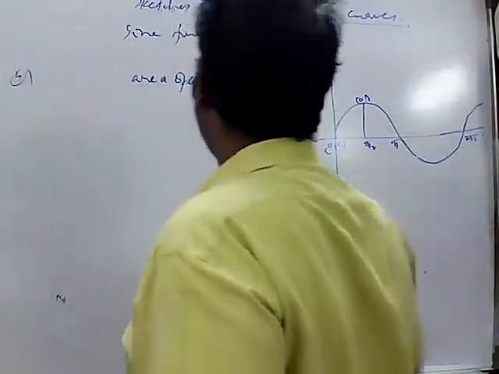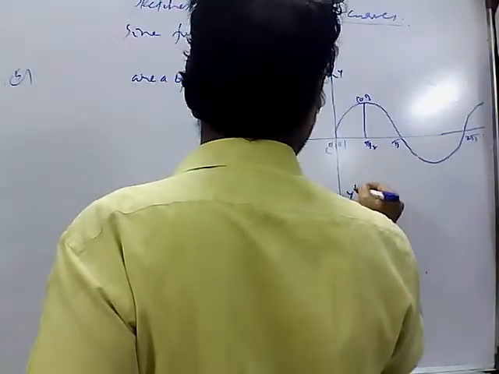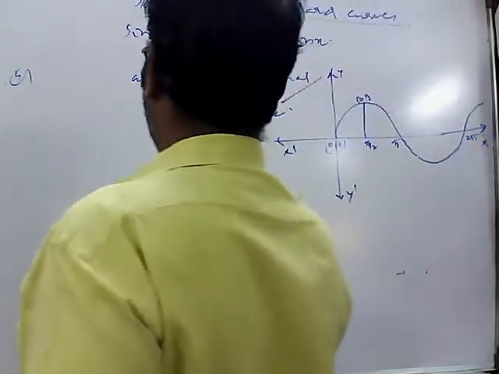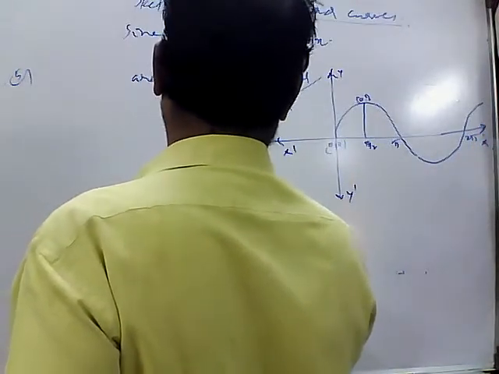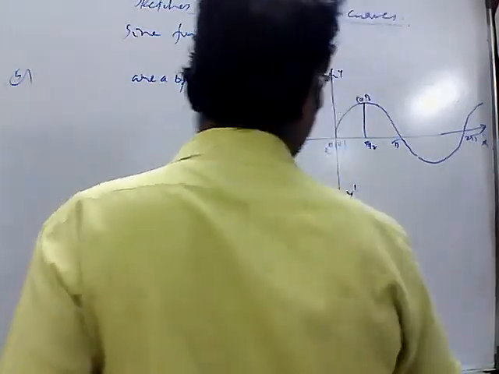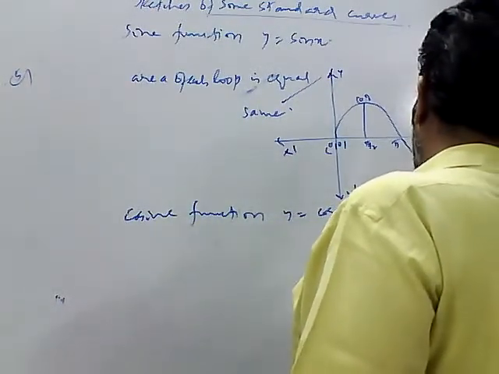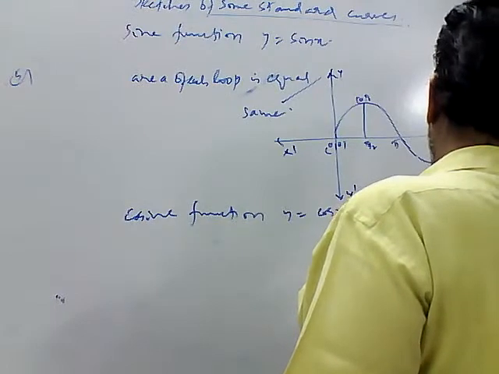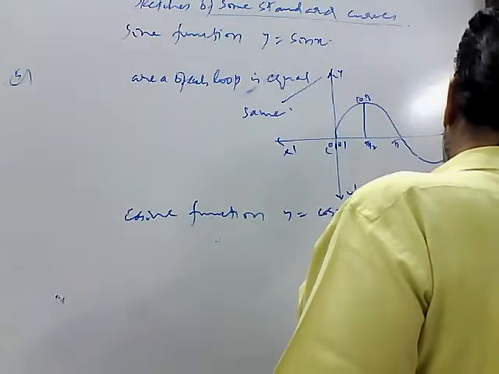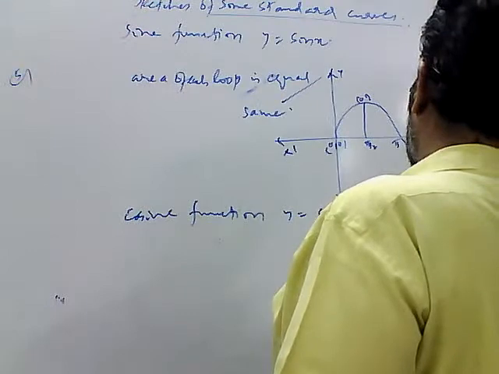Next, cosine curve. Cosine function. Y is equal to cos x. So what comes here? 0 is gone. So what comes here? It will come like this. So this is 0, 0.